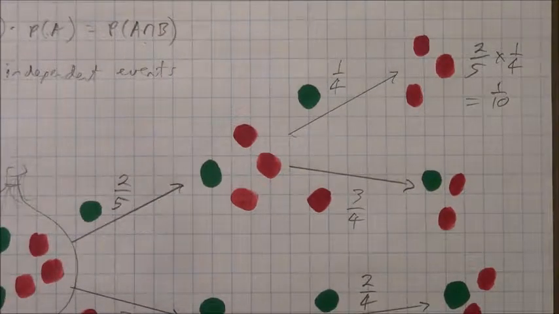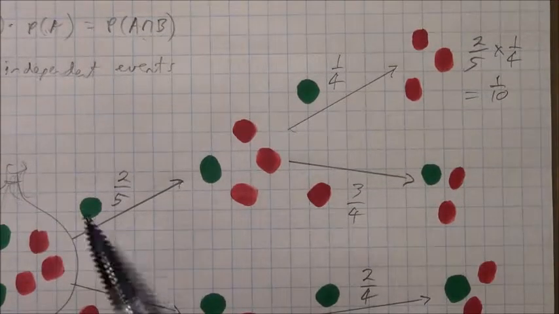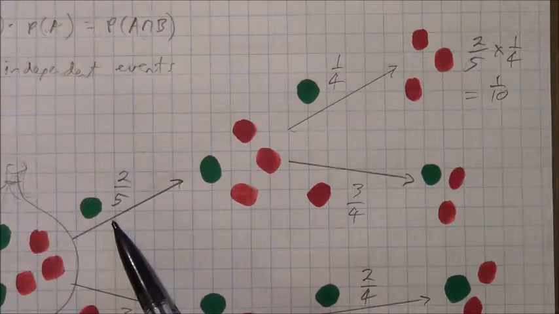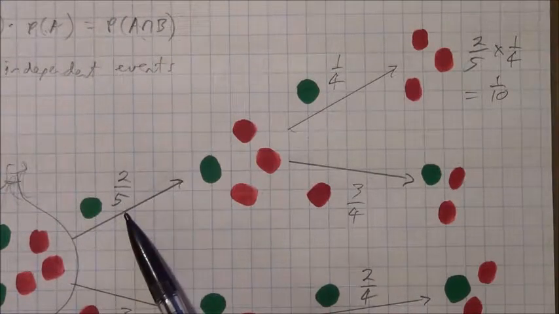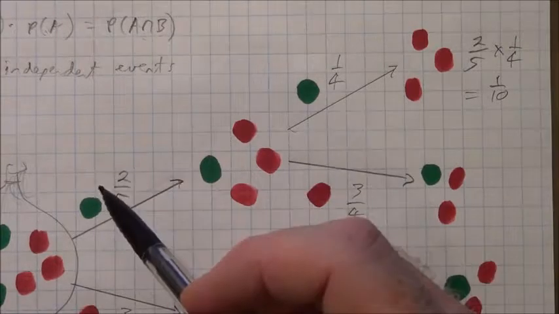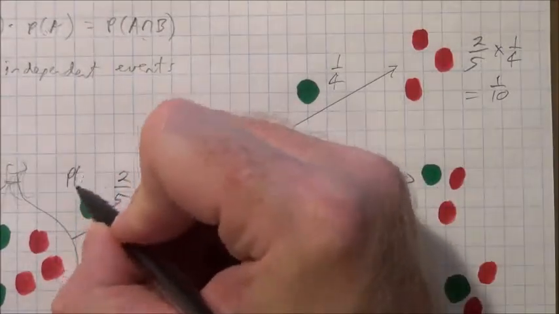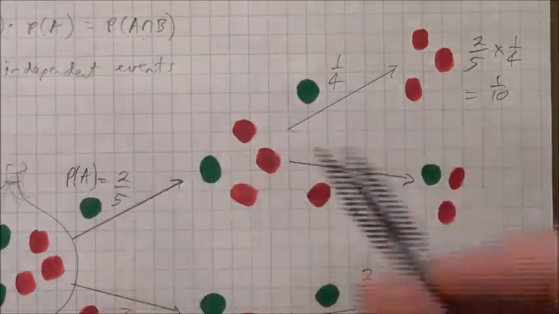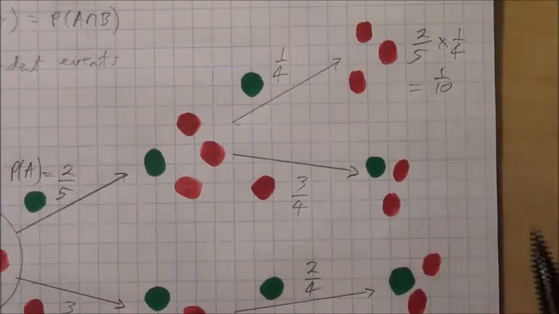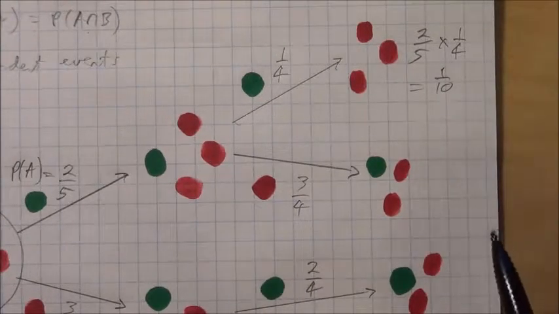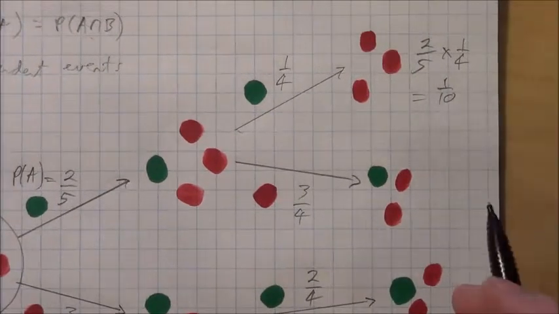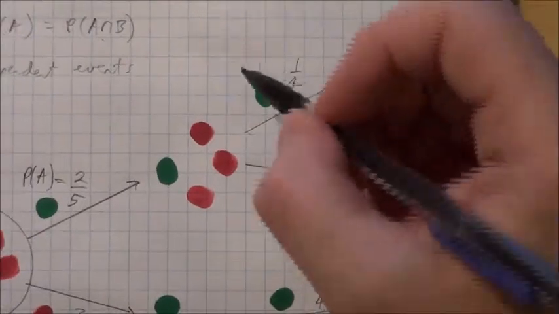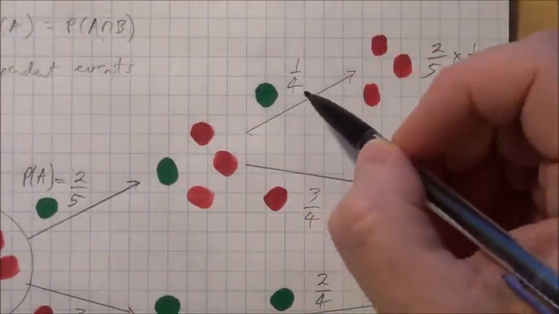Okay, so here's where we tie all these things together. So we selected a green marble at the beginning. Let's say that is event A. So event A is selecting a green marble. Then event B is selecting a second green marble. So here's where the notation comes in.